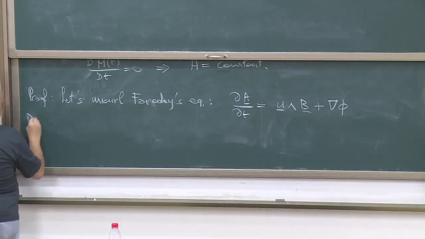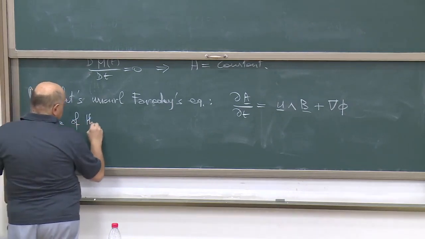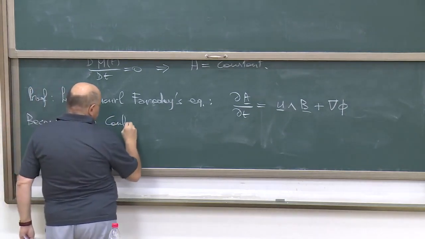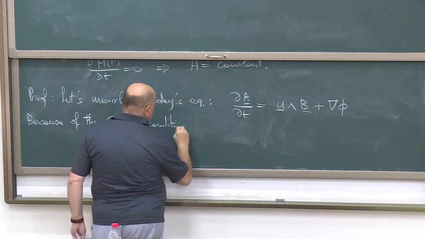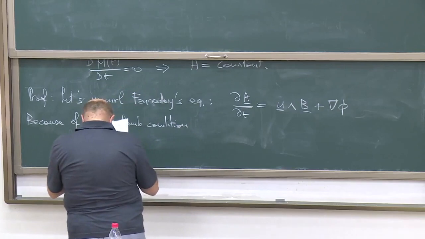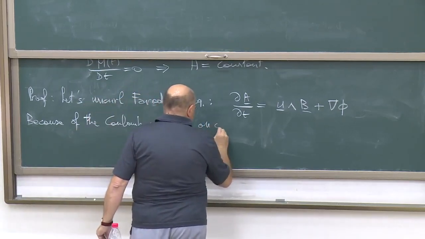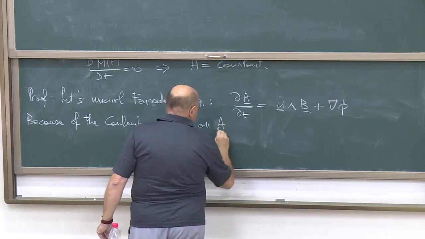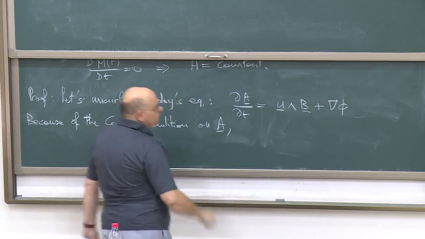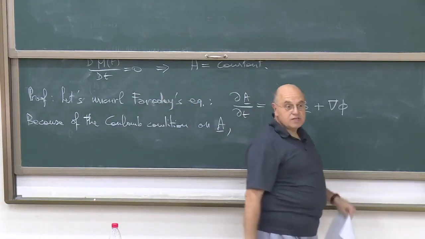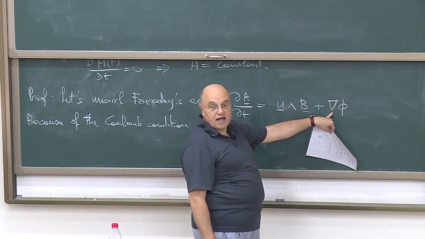Now, because of the Coulomb condition on A, if we take div A equals 0, then we have the solution for phi.